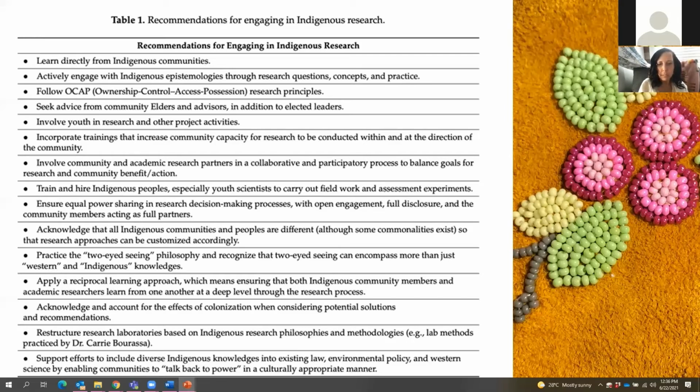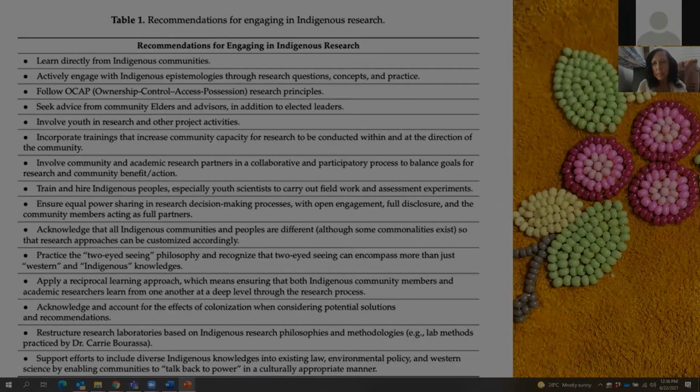Again, this is all about ensuring that Indigenous peoples are leading research agendas, and that power is in the hands of Indigenous peoples.